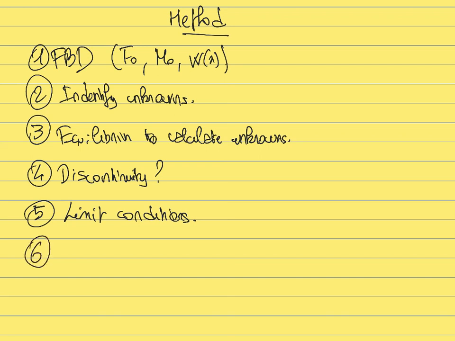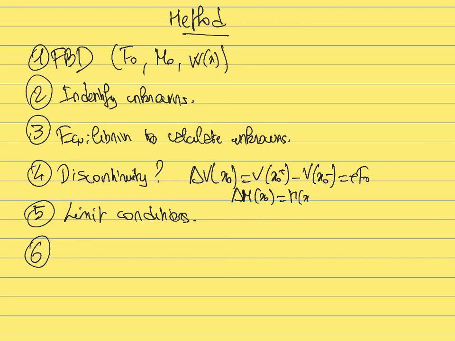Once you have the discontinuity and the limit condition, typically the discontinuity is going to give you, for example, that at a given point you have a discontinuity in the internal shear that is equal to F naught, or maybe a discontinuity at a given point in the moment. So you will need to calculate the value of the discontinuity.